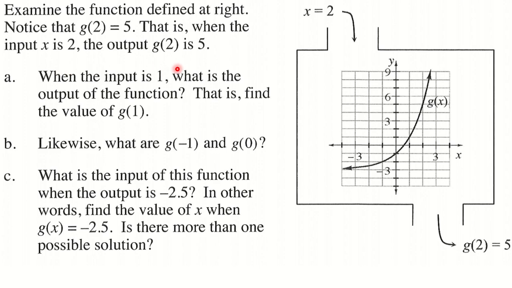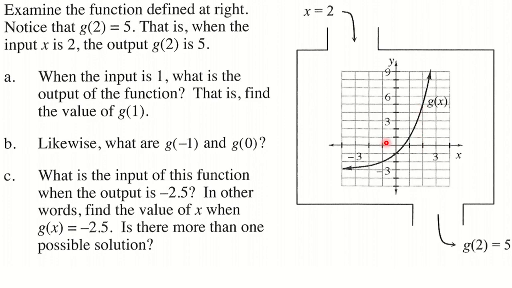When the input is 1, what is the output of this function? Well, let's go look here. Here the input is 0. Here the input is 1. When the input is 1, it looks like the output is 1. That's amazing. If 1 goes in, 1 comes out. If 2 goes in, 5 comes out.